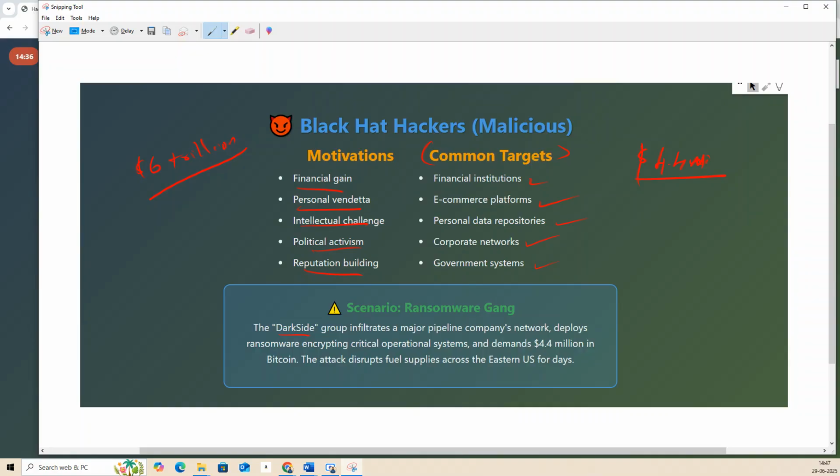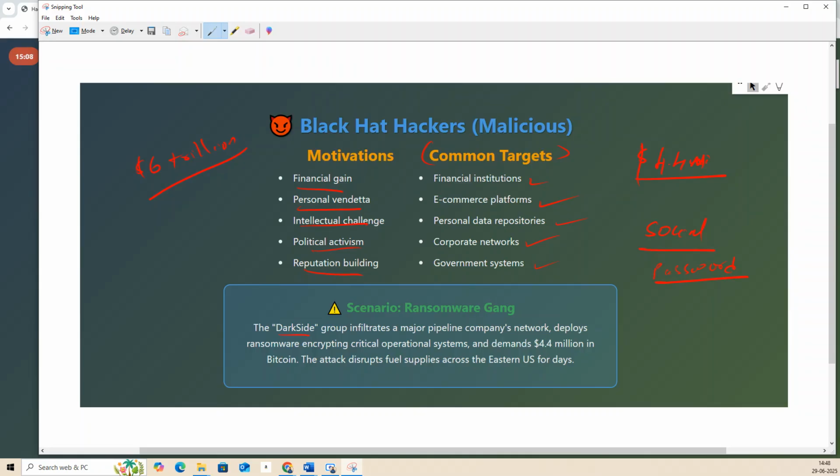They researched the company's executives on LinkedIn, identified key employees, and sent highly targeted phishing emails. Once they gained initial access through a compromised password, through a social engineering attack, they spent weeks moving laterally through the network, escalating privileges and identifying critical systems.